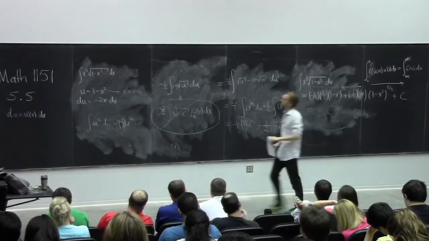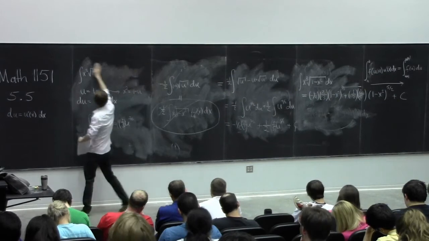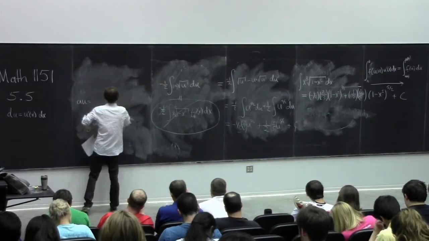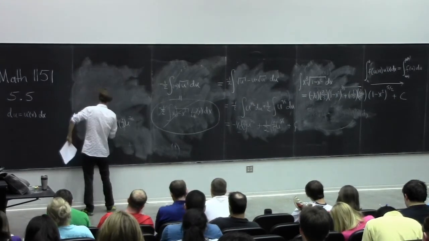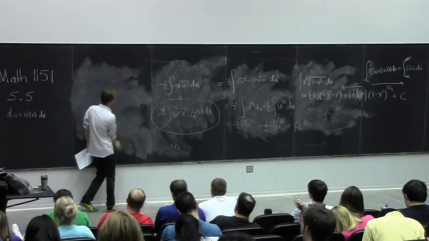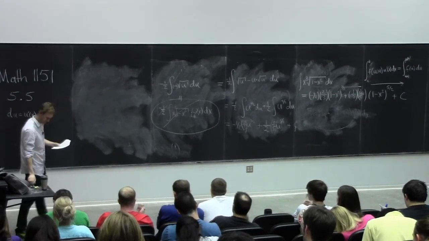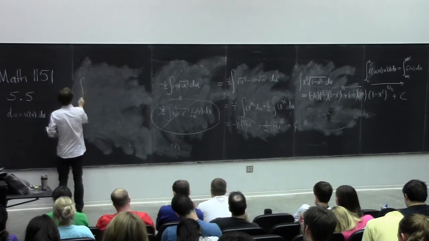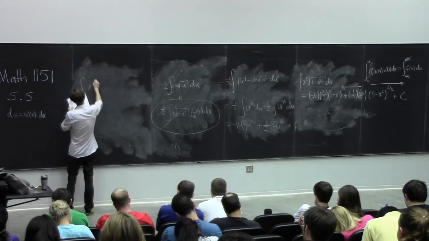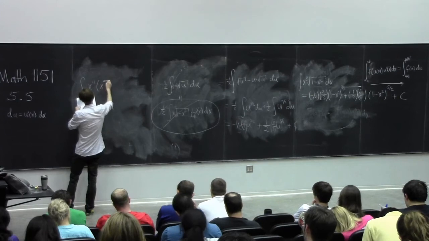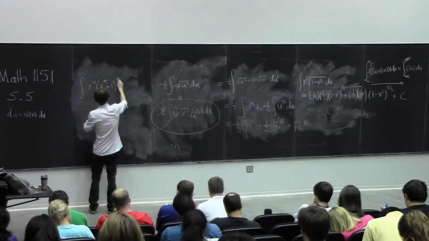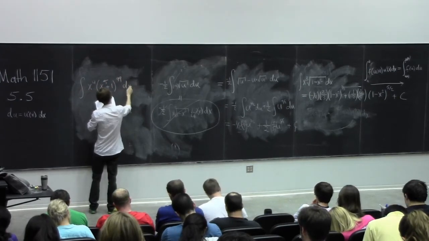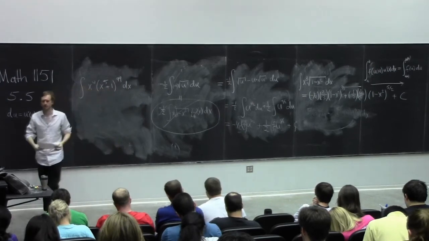Okay, you guys ready? Here's an easier problem, and it is sort of a standard one. Compute the antiderivative of x to the 4th times (x to the 5th plus 1) to the 99th dx.